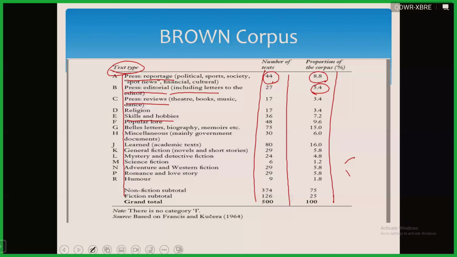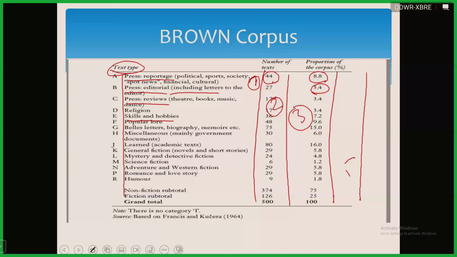Now, there are three columns: 1, 2, and 3, right? I want to add one more column here, related to the number of words. I think that is also mandatory when you are talking about the compilation of a corpus.